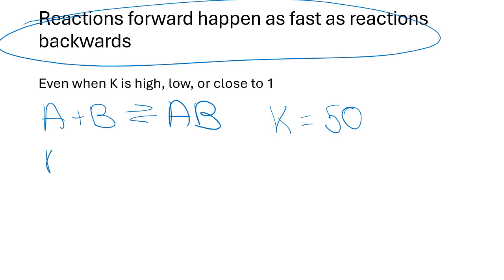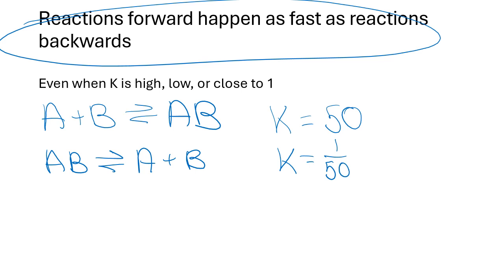If we're to reverse that, K is now going to be 1 over 50. So if we reverse the reaction, the K value is 1 over the K, meaning the opposite of K.